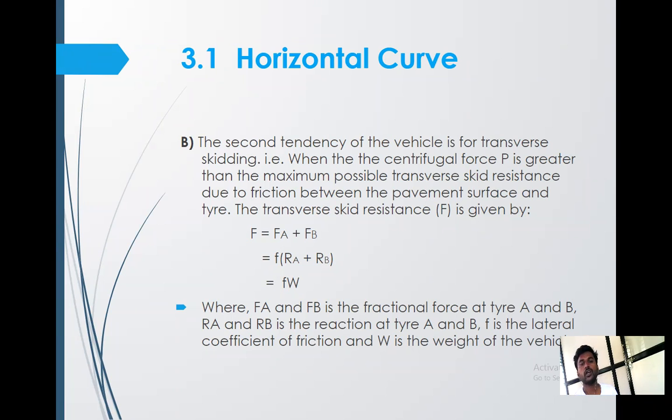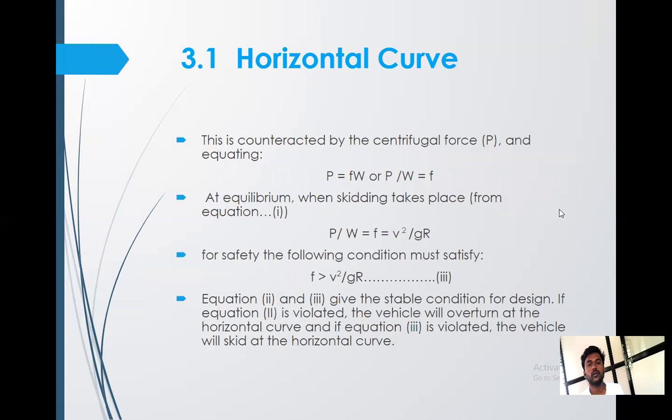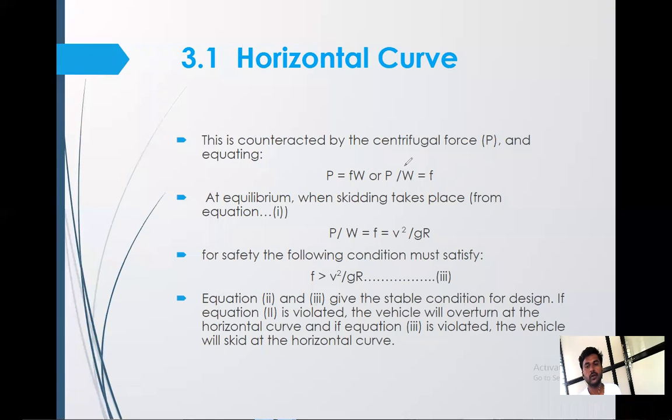Then how do we calculate the transverse skid resistance? F is equal to Fa plus Fb, the frictional resistance by tire A and tire B. Then it is equal to f into W, the friction coefficient f into the total weight of the vehicle. This is counteracted by the centrifugal force. So P is equal to f into W. If we take W to the left side, the formula becomes P by W is equal to f.